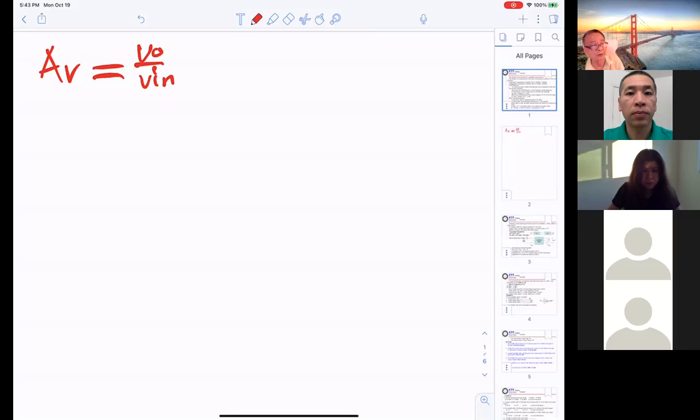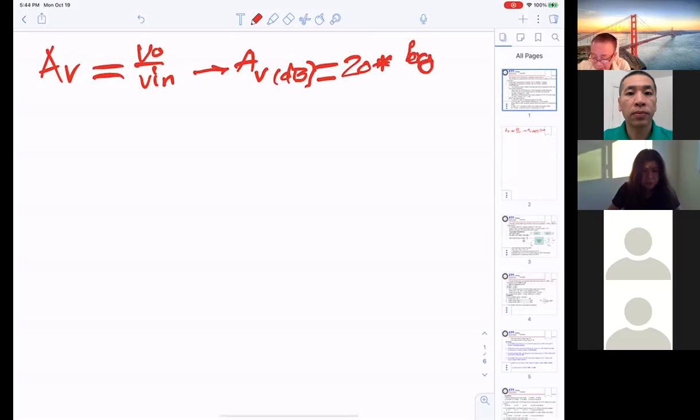And if you want to calculate the A_V in dB, then A_V in dB equals 20 times log 10 of A_V.